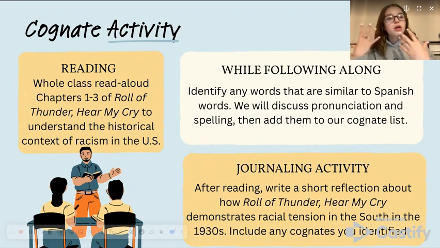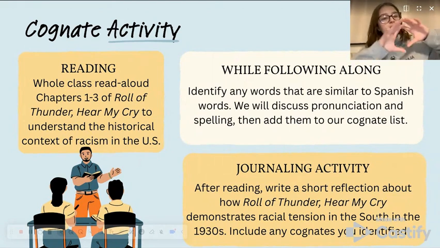The reading is a whole class read aloud of chapters 1 through 3 of Roll of Thunder, Hear My Cry to understand the historical context of racism in the U.S. While following along, which is the EL part, EL students will need to identify any words that are similar to Spanish words. Then as a class, we will discuss pronunciation and spelling, and then add them to the cognate list.